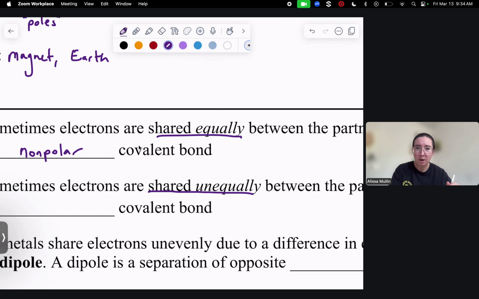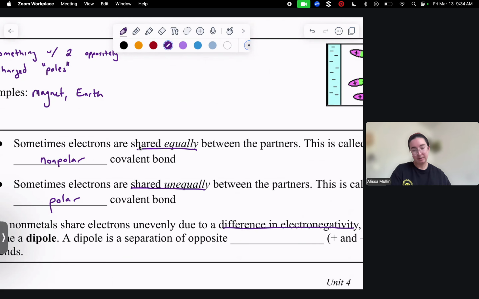But what if one partner is better at pulling on electrons, better at attracting electrons, better at being electronegative? Then they're not sharing equally, and we call it a polar bond. Right? So the reason sometimes it's unequal is because there's a difference in electronegativity.